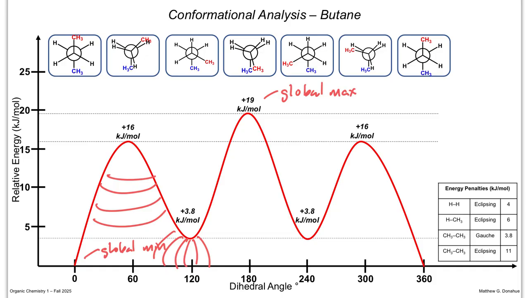So when these things rotate, they can rotate infinitely, but it's done in a quantum manner. And so that's best represented through a 3D graph, but we're just looking at really the max and min, whether it's global or local.